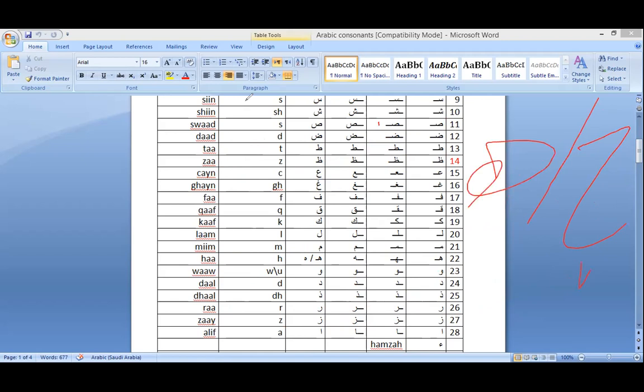This one is H with a dot, like ha, and this is the normal ha. For example, how do you read this name? Hassan, right? Yeah. Hamdi.